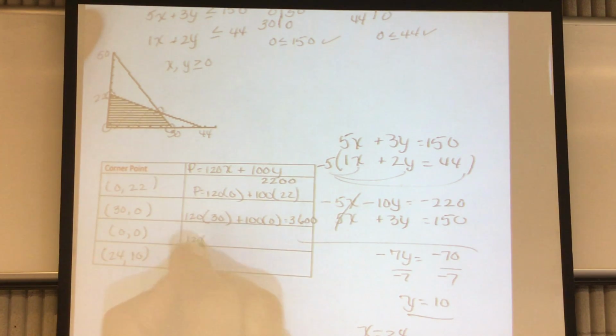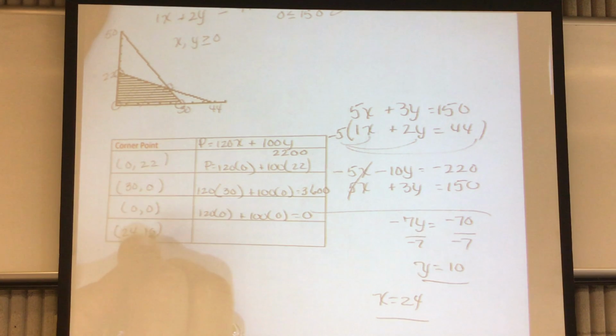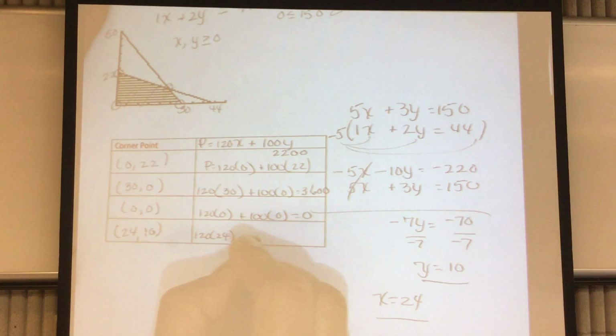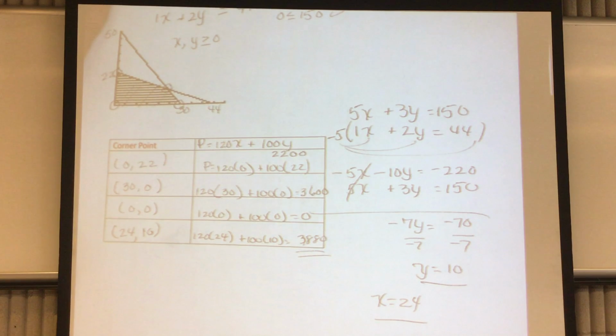And then when I have 0 and 0, again, that's going to be 0. And plugging in the last corner point, 120 times 24 plus 100 times 10, that is equal to 3,880. And that is your maximum profit.